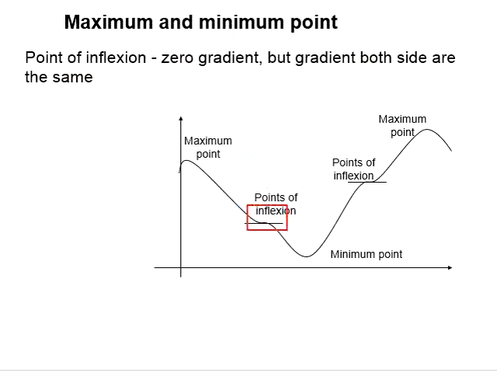Taking this as an example, before the point of inflection, there will be negative gradient. After that, the negative gradient proceeds. When the gradient on both sides is the same, positive or negative, that will be a point of inflection.